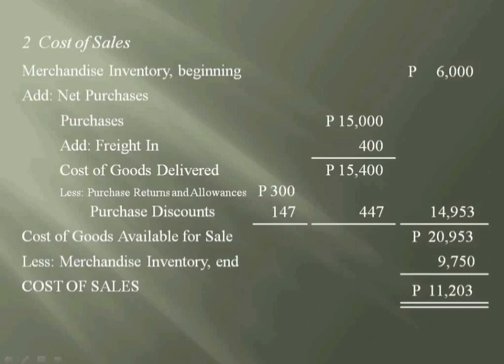That is the reason why, as you can see here, these items from purchases up to purchase discounts are all indented and not aligned with this add net purchases. Each of these items is part of the computation of net purchases, and hence all of them are indented under this add net purchases.